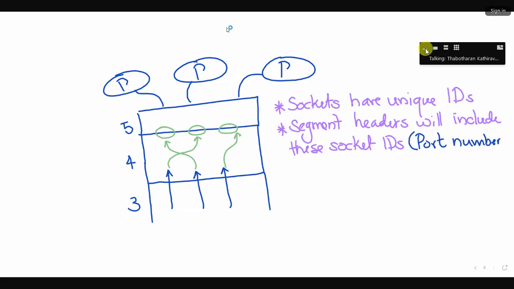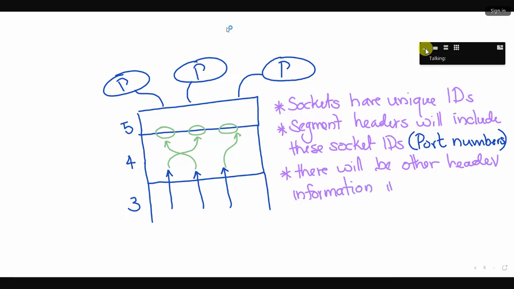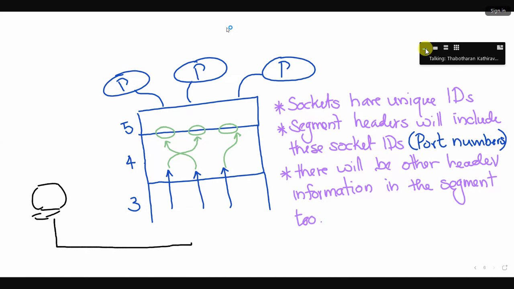Okay, I will show you an example. In the segment, there will be other header information too, because now we are sending data from one machine to another over the network.